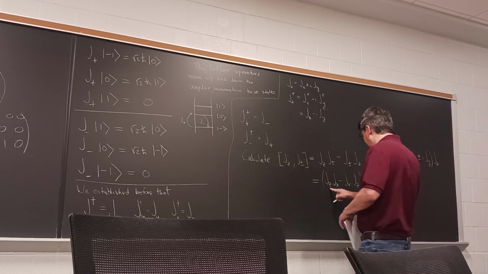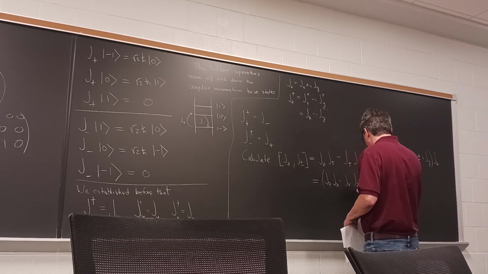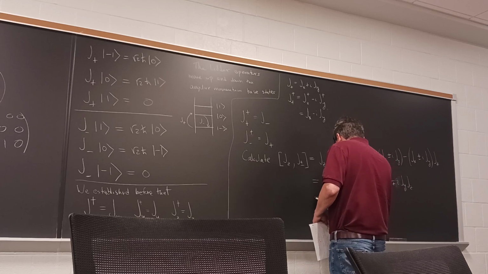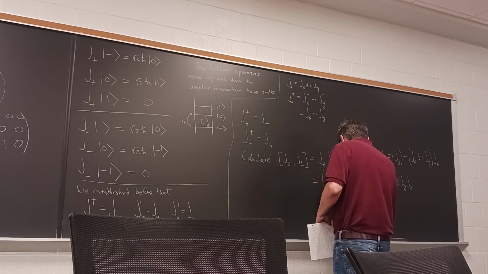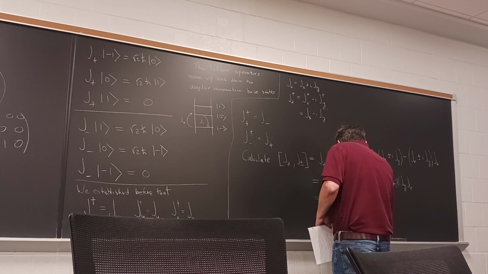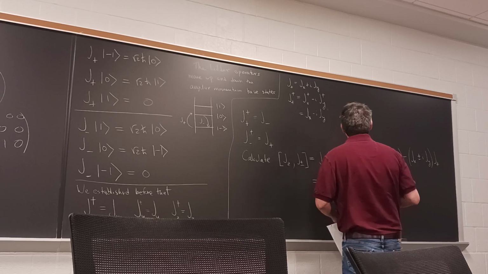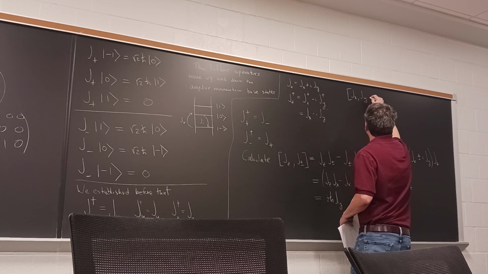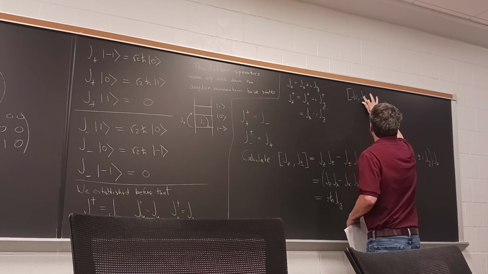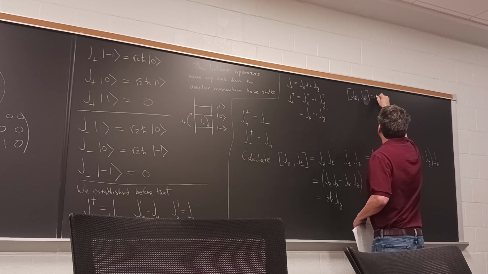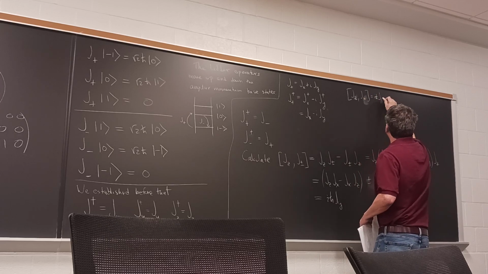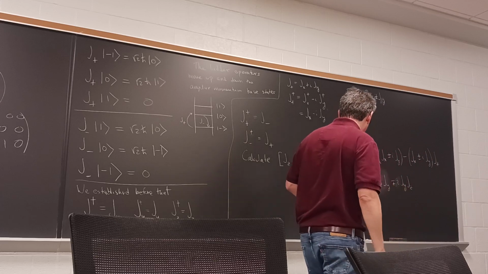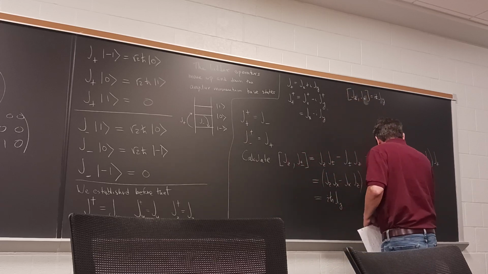Okay, so this Jz, Jx minus Jx, Jz, this is just i h bar Jy from the commutation relations that we wrote down before. Jz, Jx is i h bar Jy. So that first term is that.